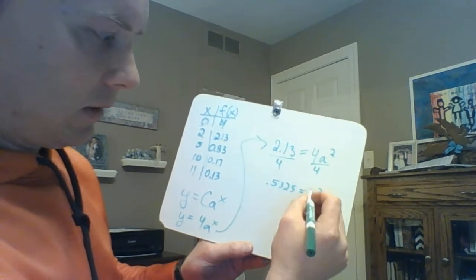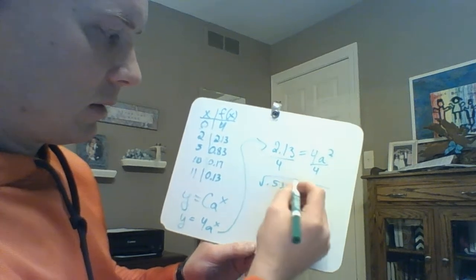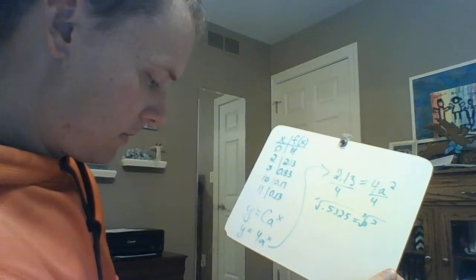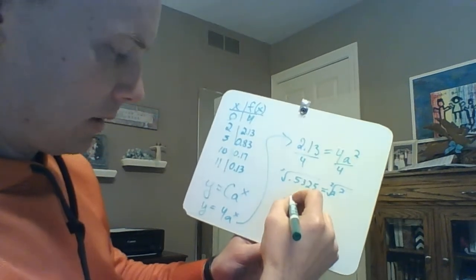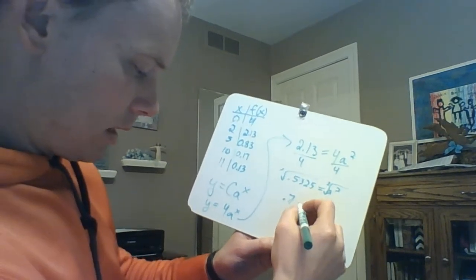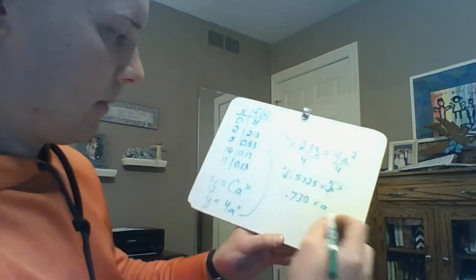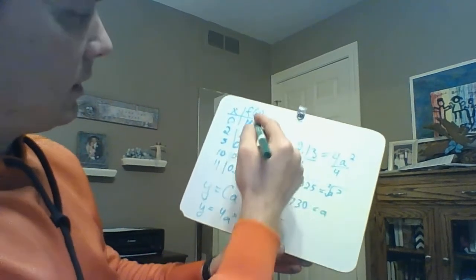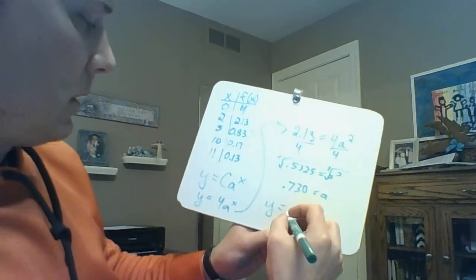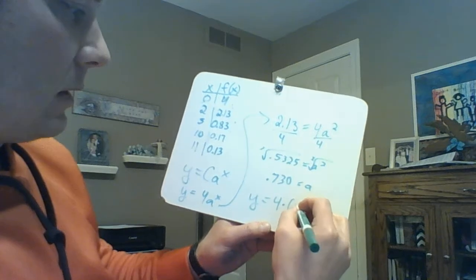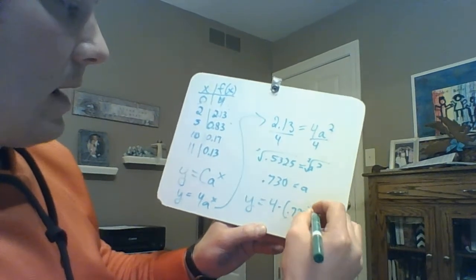Then in this case, we'd take the square root of both sides, and you get 0.730 equals a. So between these first 2 points, we could write the function y equals 4 times 0.730 to the x.